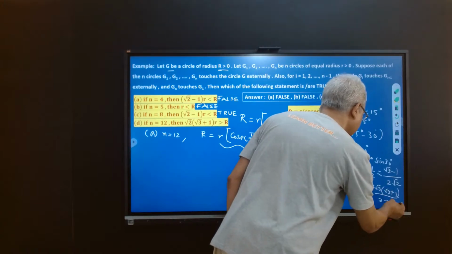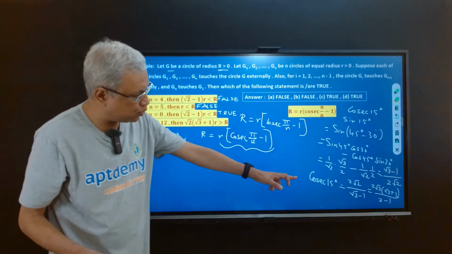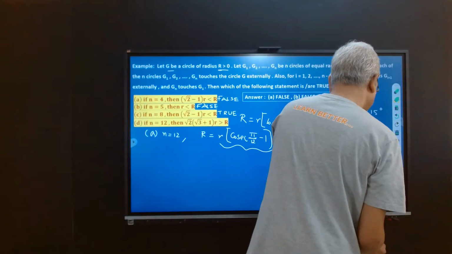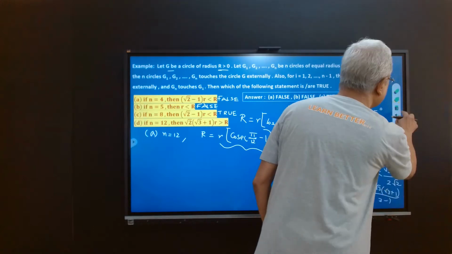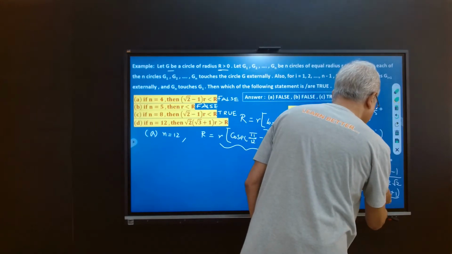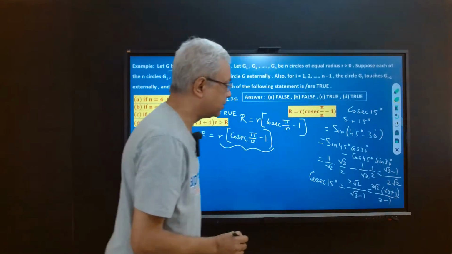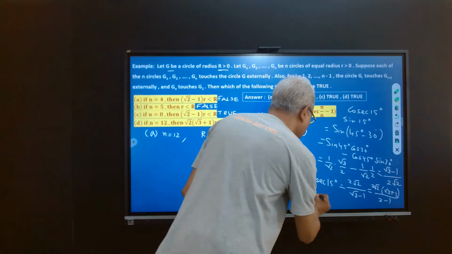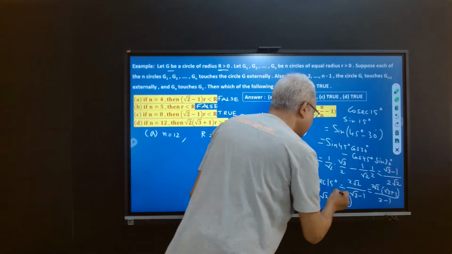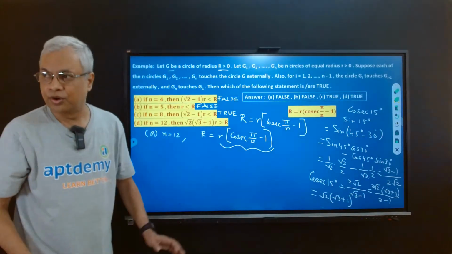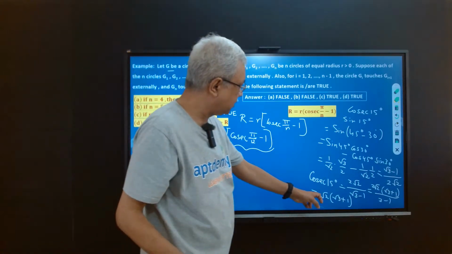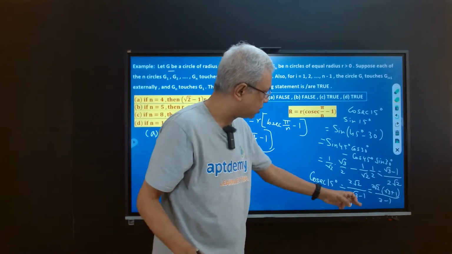Root 3 squared minus 1 is 2, so in the denominator I get a 2, in the numerator there is a 2 root 2. So 2 root 2 times root 3 plus 1 over 2 becomes root 2 multiplied by root 3 plus 1. So cosec 15 degree is root 2 times root 3 plus 1.